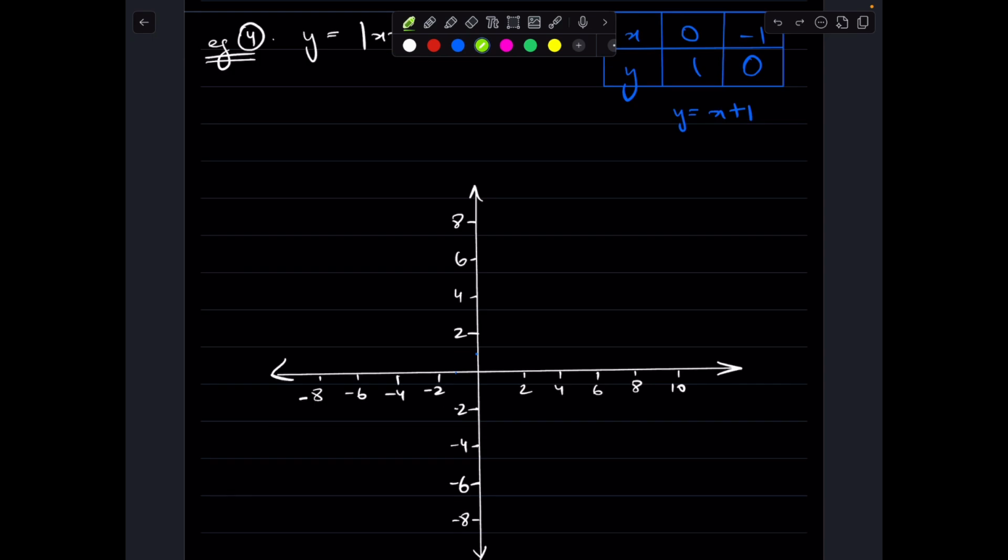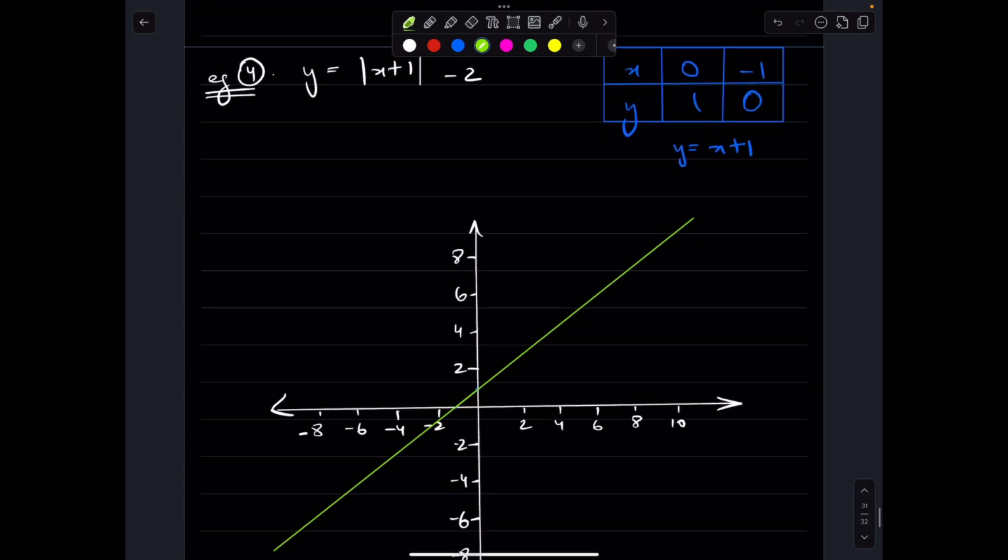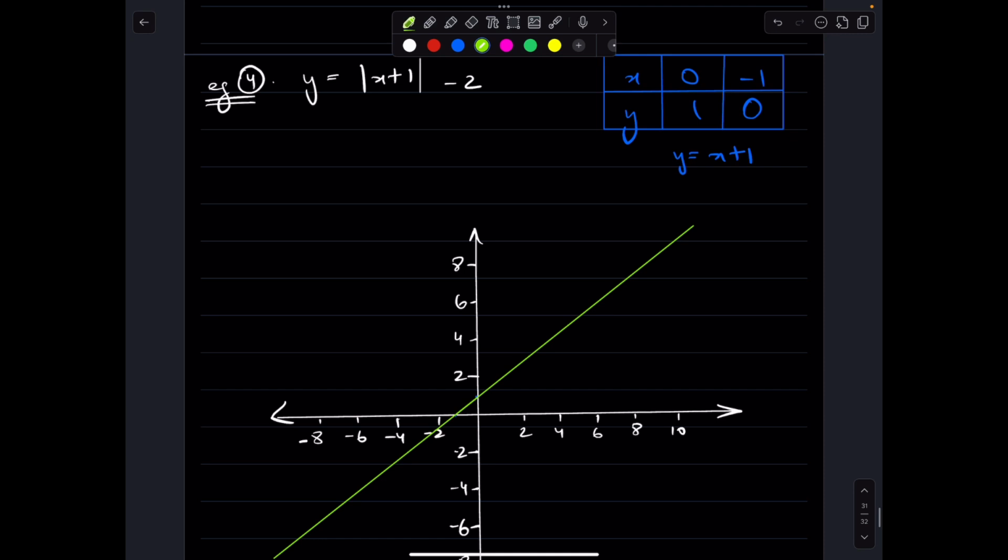So we have this and this. And then apply the modulus. So everything below the x-axis is reflected above the x-axis.